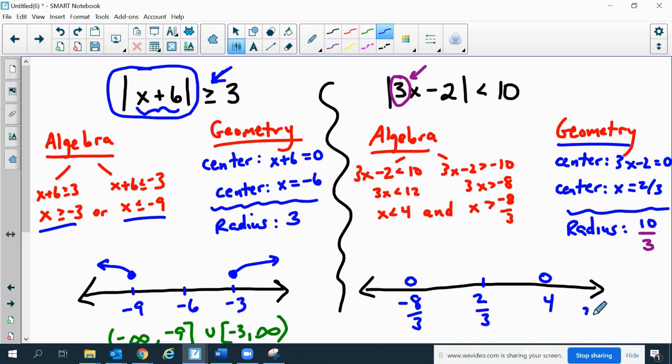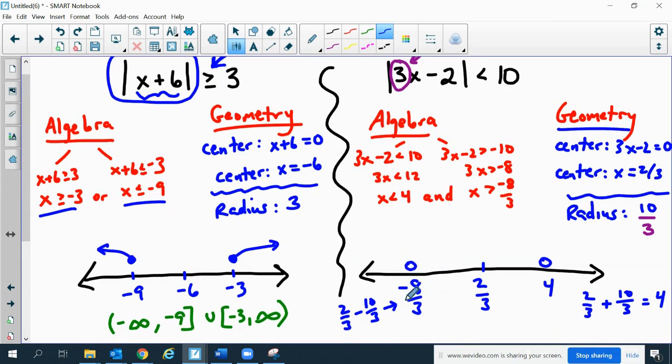So notice that 2/3 plus 10/3 gives me 12/3, which is 4. That represents this. 2/3, my center, minus 8/3, or I'm sorry, minus 10/3, which is my radius, to the left will give me negative 8/3.